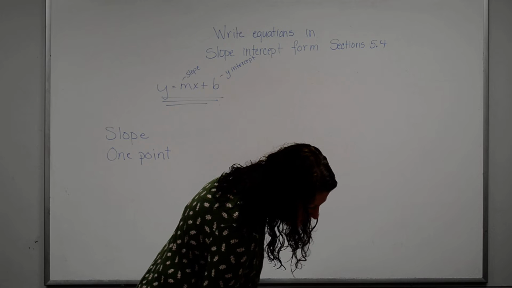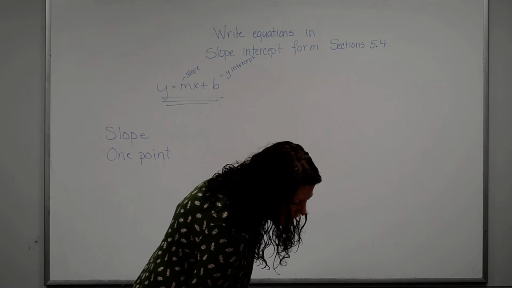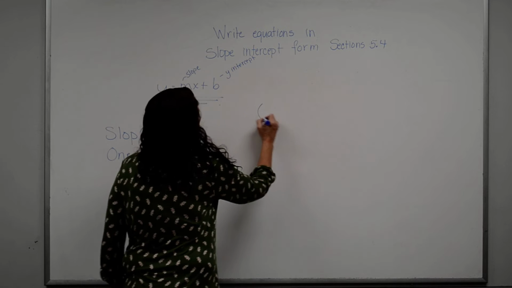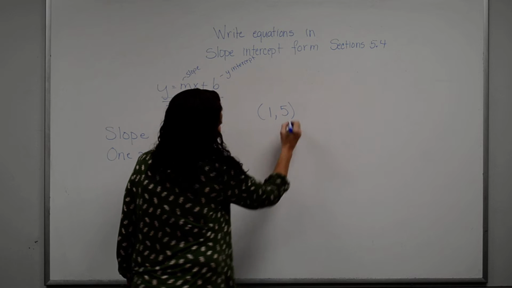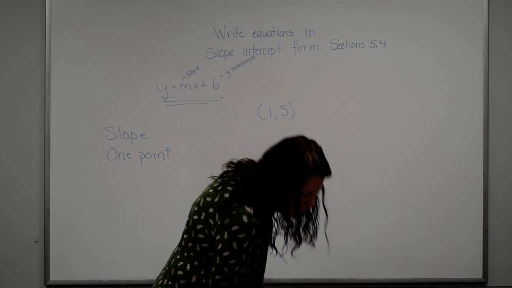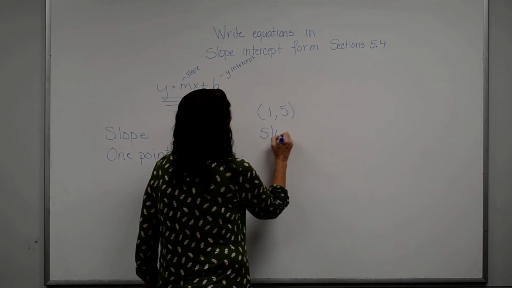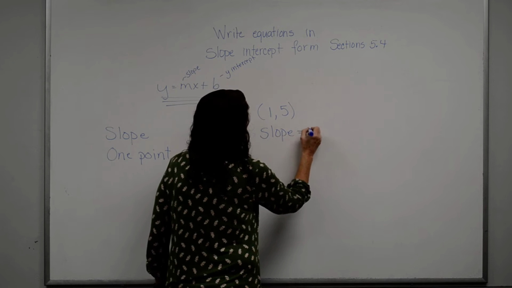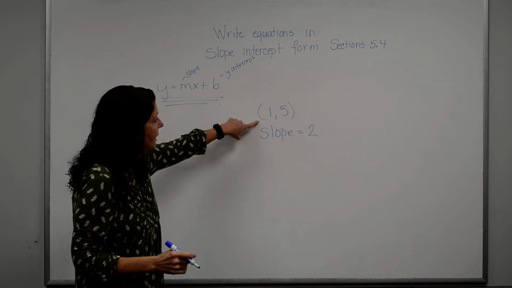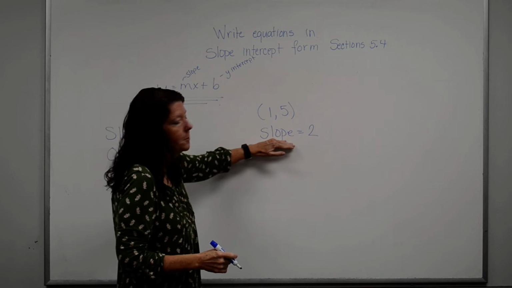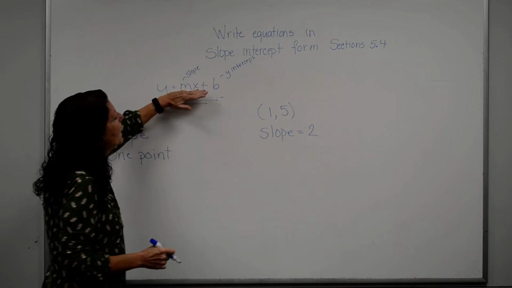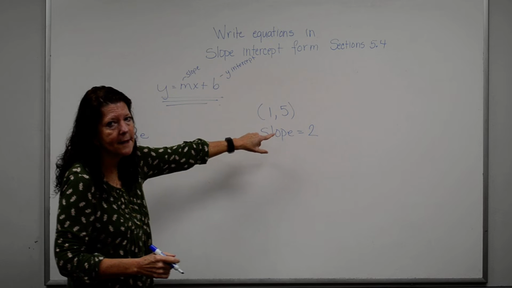So for instance, write an equation of a line that passes through (1, 5) and has a slope of 2. So my line is going to go through that point and it has a slope of 2. Well, I want to know what equation describes that line.